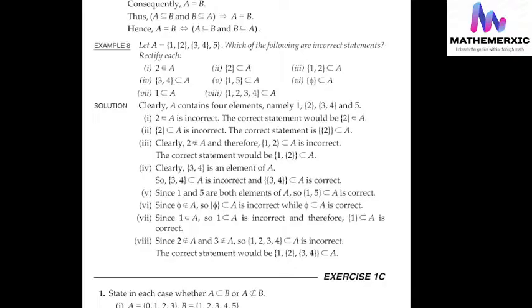So 1, 2, and 2 in brackets is a proper subset of A. So we need to write there again a bracket.